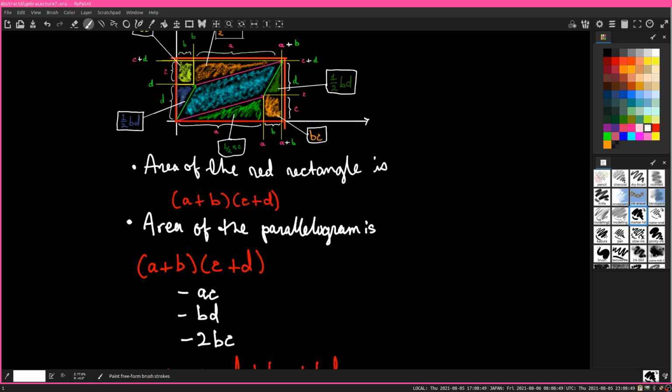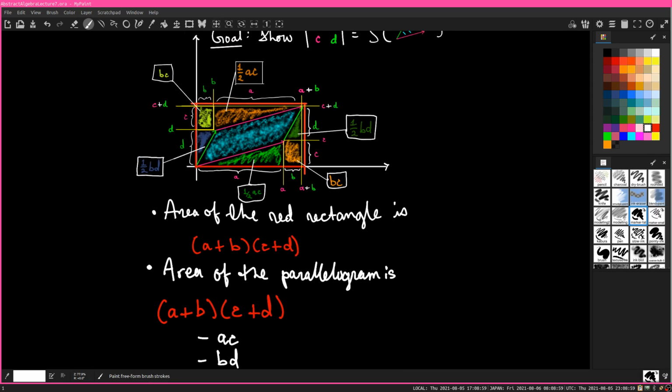Minus bd, since you get half of bd from this blue triangle and half of bd from this green triangle. Minus 2bc, since you get one bc from this orange rectangle and one from this lemon green rectangle.